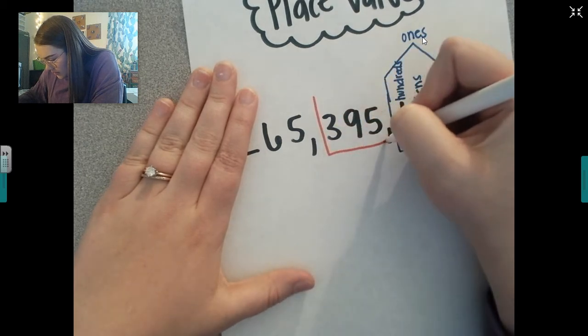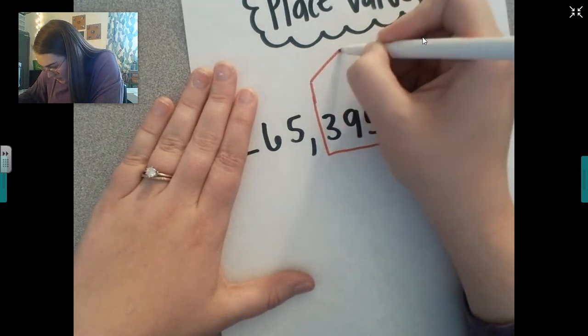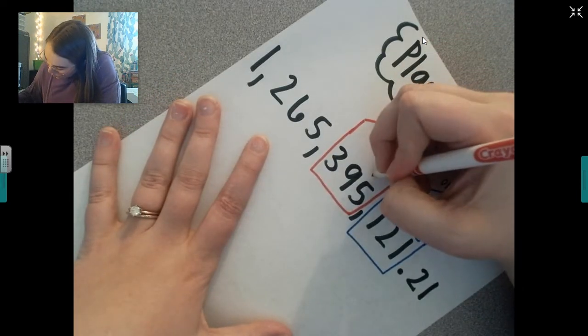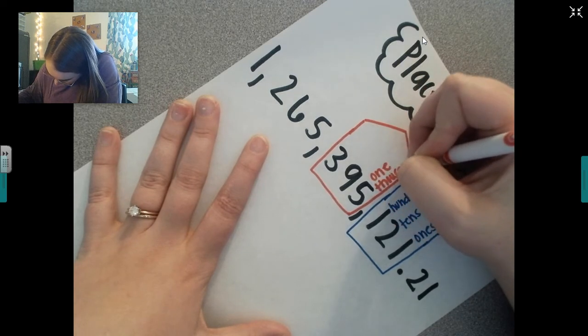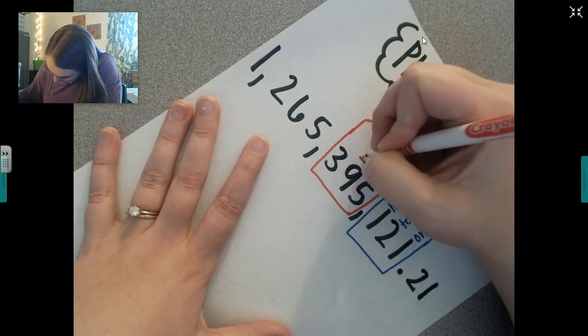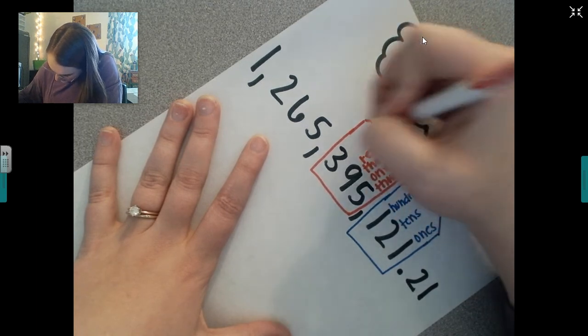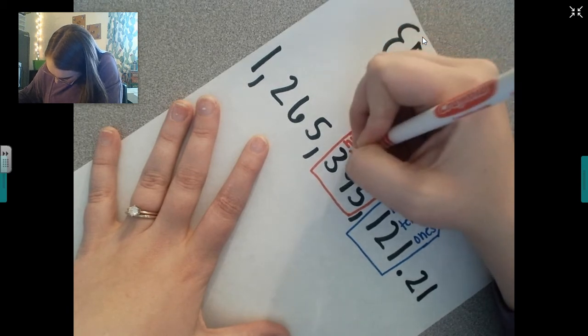So let's draw our little, and you guys know I'm absolutely horrible at drawing, but I'm doing my very best. So we have 1,000, 10,000, and 100,000.